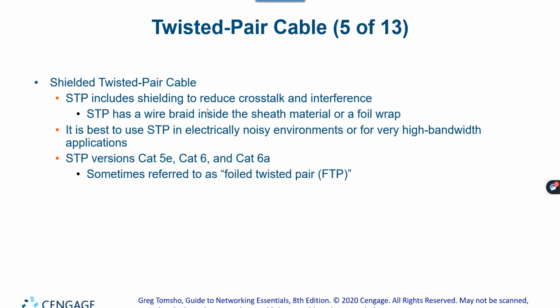Remember, the more shielded it is, the higher bandwidth you get, and we want to use it in places where we have motors and things of that nature. Shielded twisted pair has a category 5E, category 6, or category 6A, and sometimes they call it FTP or foiled twisted pair.